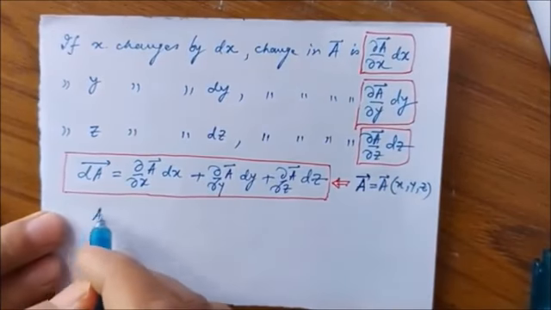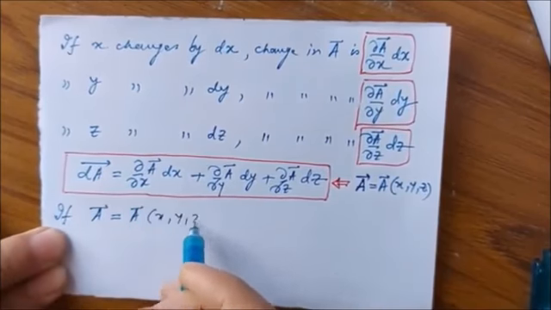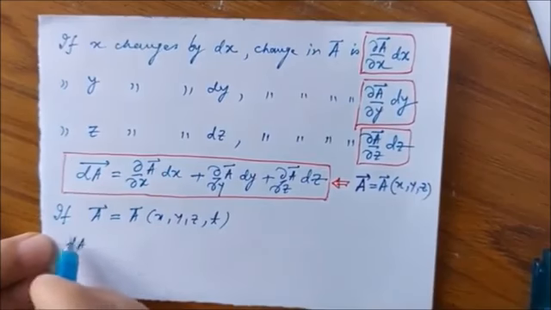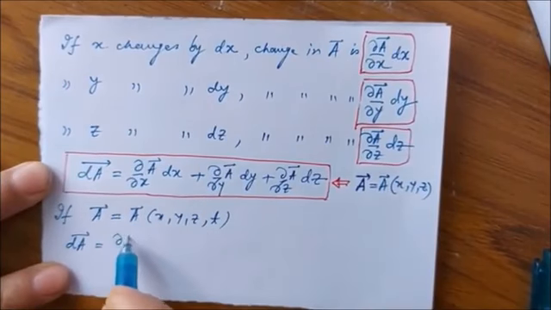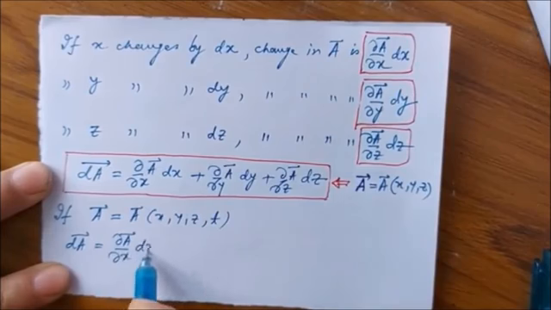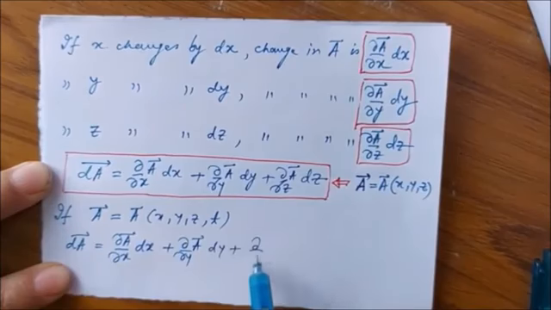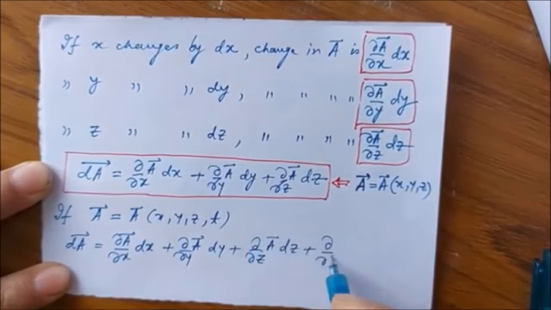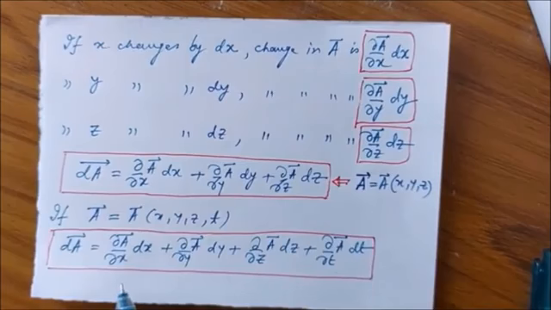So what if vector A is a function of x, y, z and t? So similarly we get dA is equal to, we'll have an additional term for t, and what will be the total derivative then with respect to t?